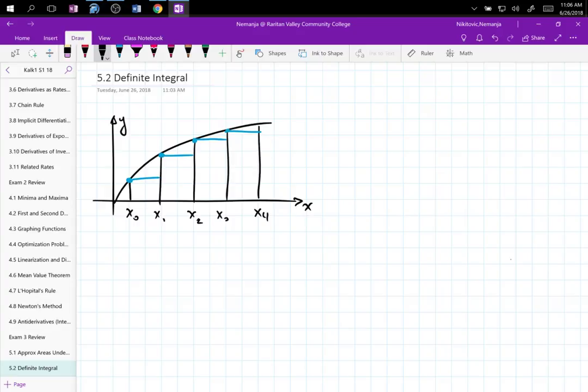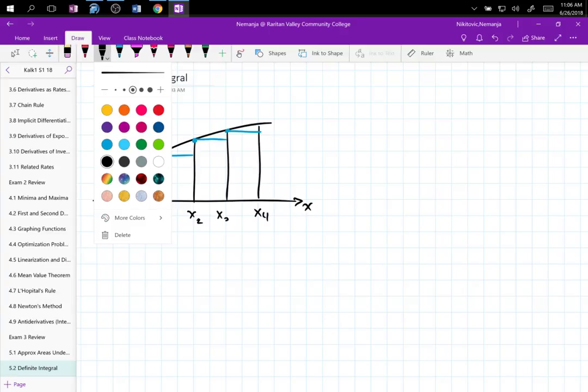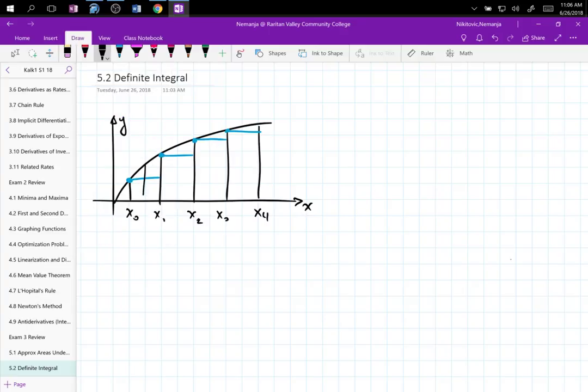Yesterday we also said that if we further divide this, and now let's use, say, red, we would eliminate some of the error and have a better answer. But we had more calculations to do. It's not exactly double, but about double the amount of calculations.